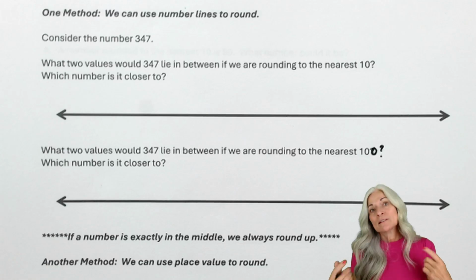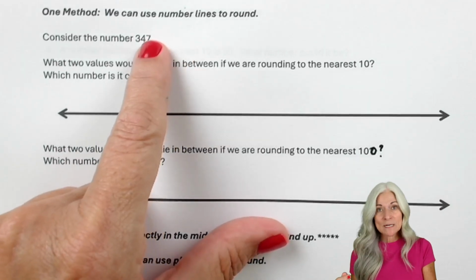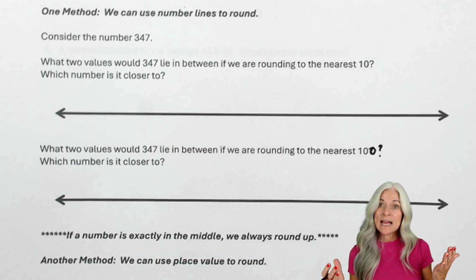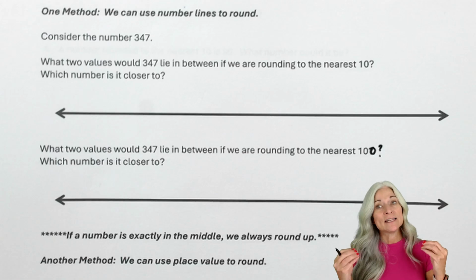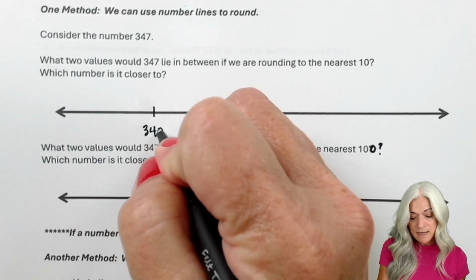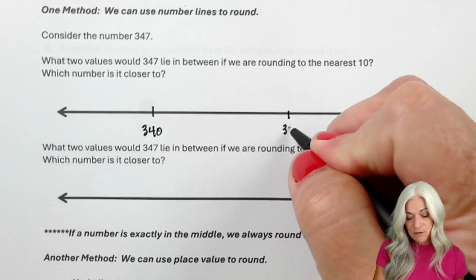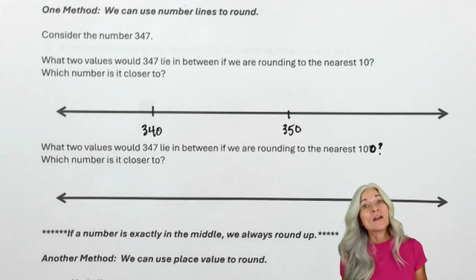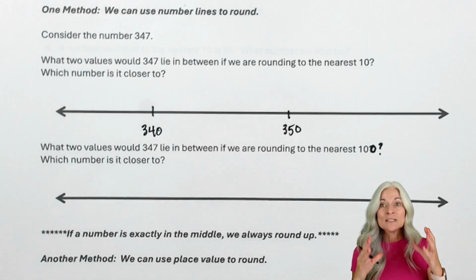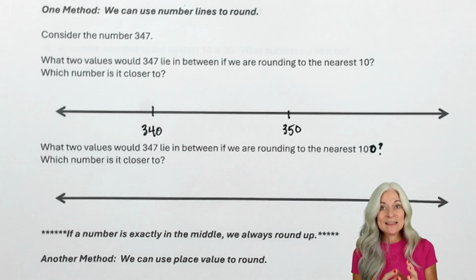closest. So if we look at the number 347, what two values would 347 lie in between if we're rounding to the nearest 10? We know that it would be in between 340 and 350. Well, which number is it closest to? One thing that I like to do is have students mark the number that's exactly in the middle.